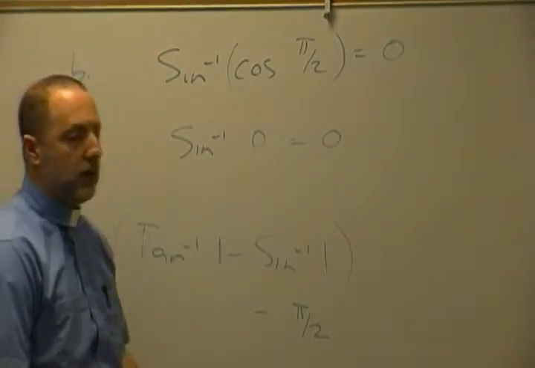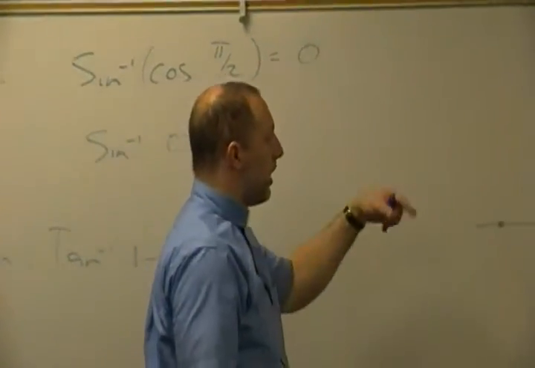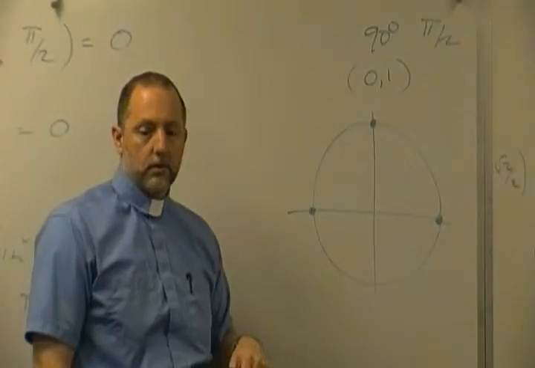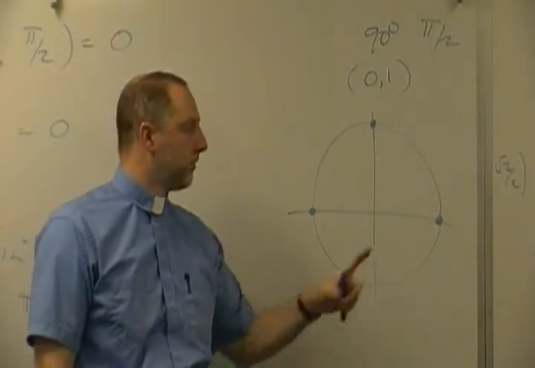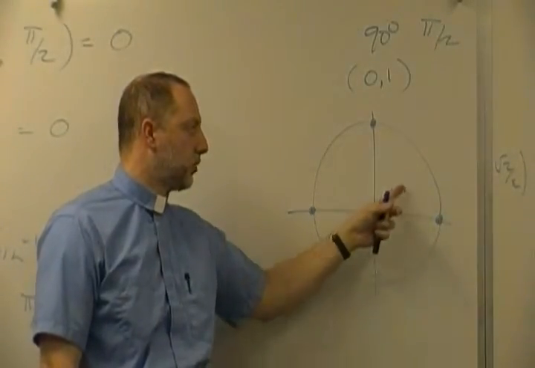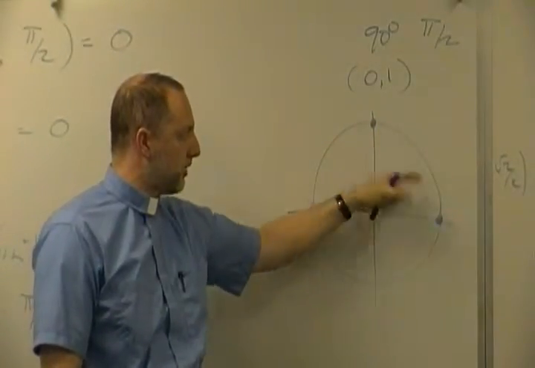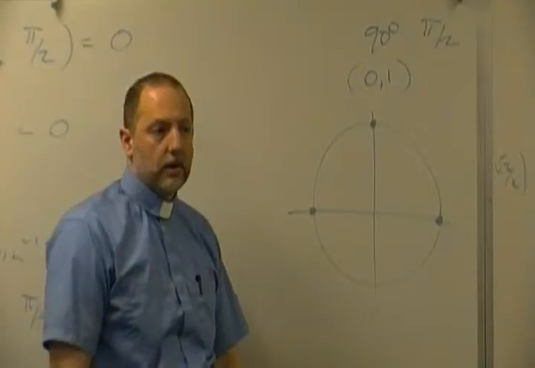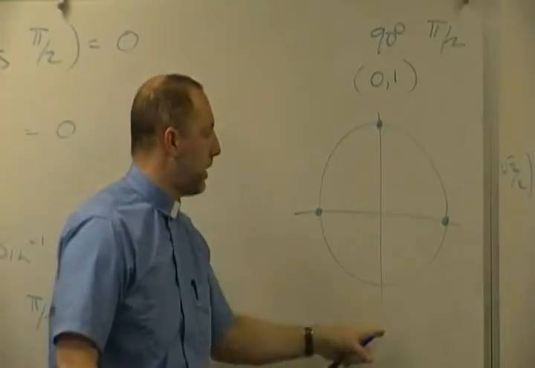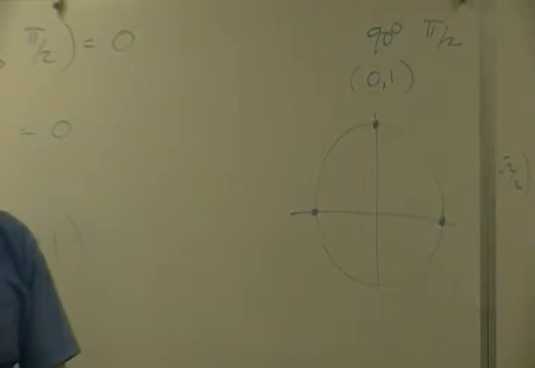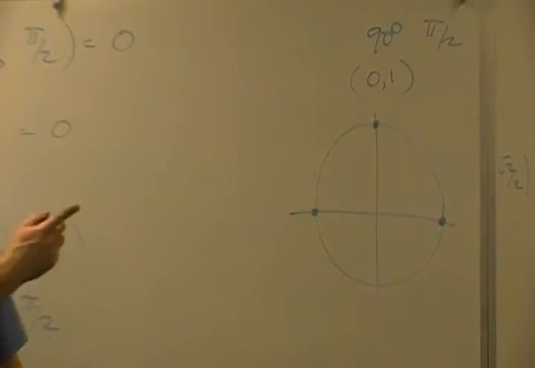Tangent inverse of 1. Tangent inverse takes its value from which quadrants on the unit circle? It's just like sine. It's 1 and 4. So all my tangent inverse values will be here also. So where in either quadrant 1 or 4 does the tangent value equal 1? First quadrant.